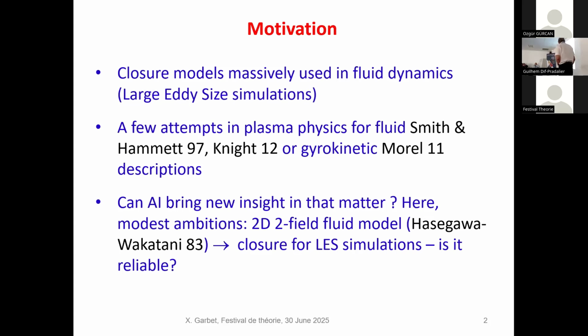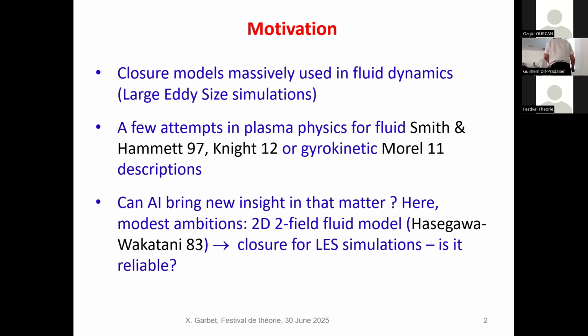So the idea is to start with very modest ambitions, that is to use this 2D two-field model and try to elaborate closure for LES simulations. And then if it works, to use those for more ambitious simulations, three-dimensional, time-dependent, if these are proved.